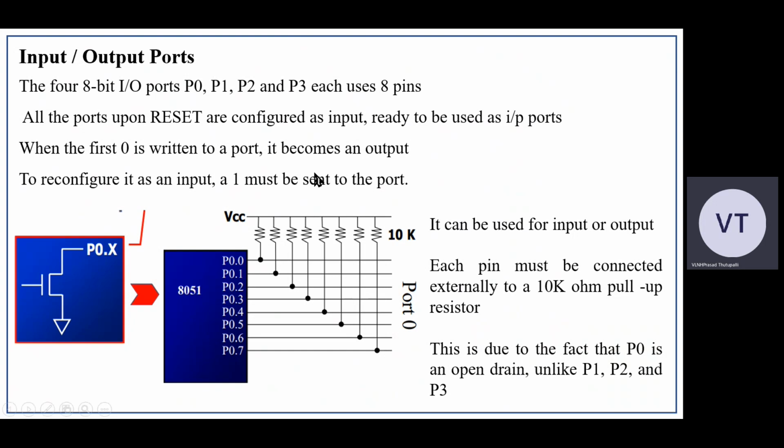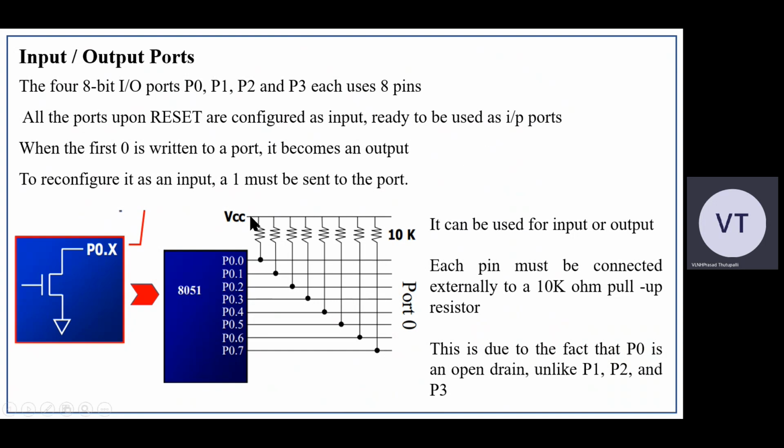And if you want to configure a port as input port, each and every pin should be made high to use that particular pin as input pin. You need not put zero specially. But if you put zero on the port, it works like output port.